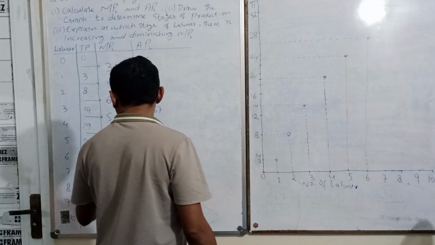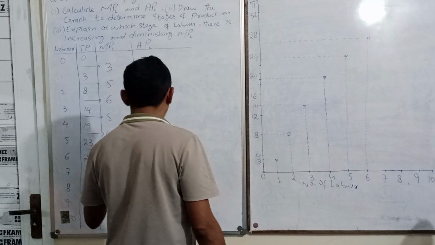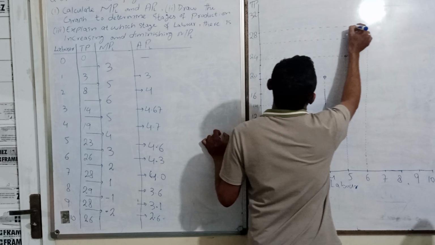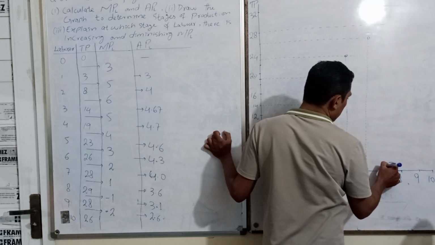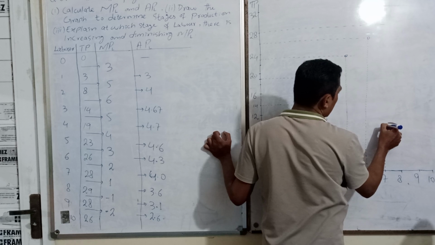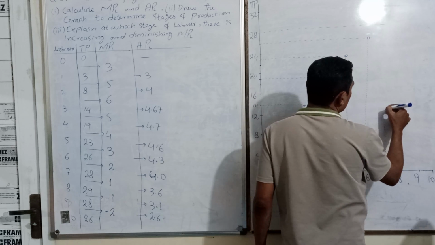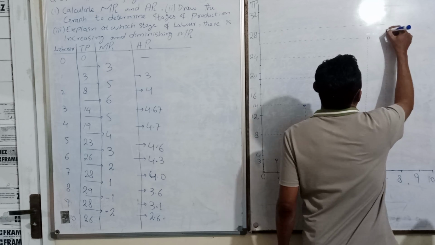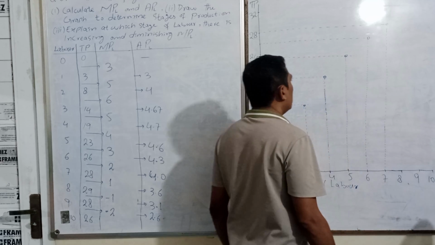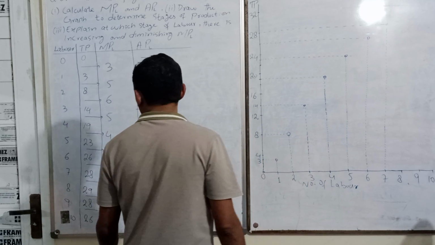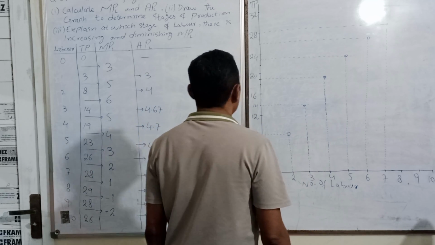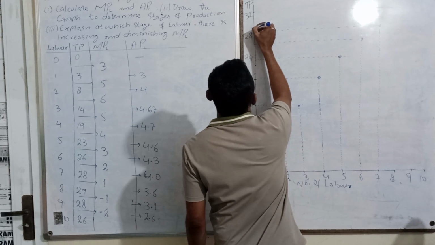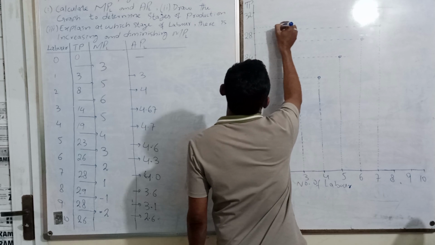Okay. And now next is the seventh value. You have 28. 28 will be this one. This is 28. Next value is 29. 29 will be here approximately.